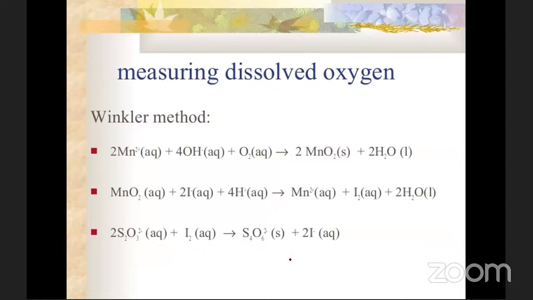So the Winkler method is about with objective dia adalah, so we want to find the ratio between the oxygen and also the iodide. Why oxygen and iodide? Because at the end of the day kita akan titrate this iodine and also thiosulfate, and then you get the iodide. So at first place, Mn ataupun manganese sulfate kita panggil.